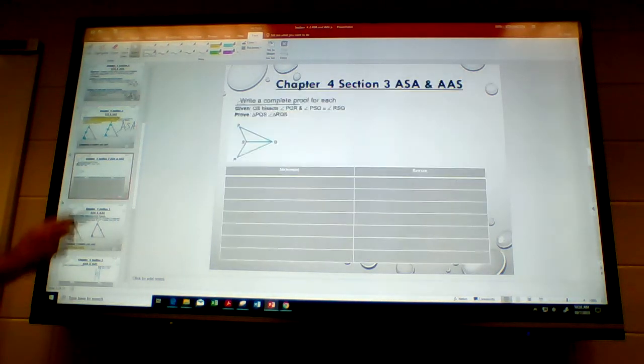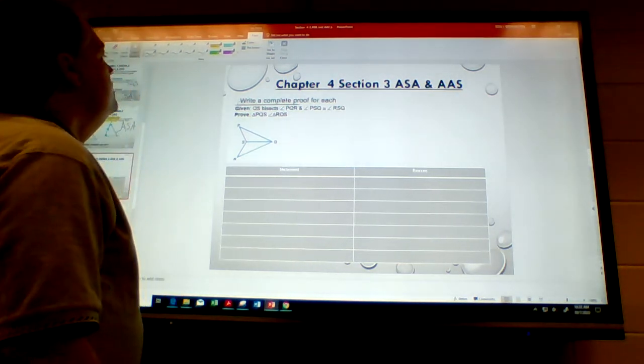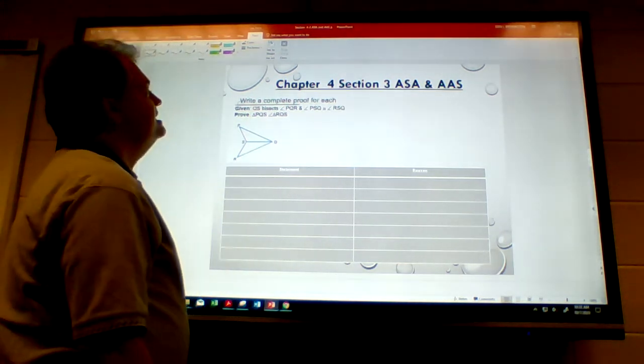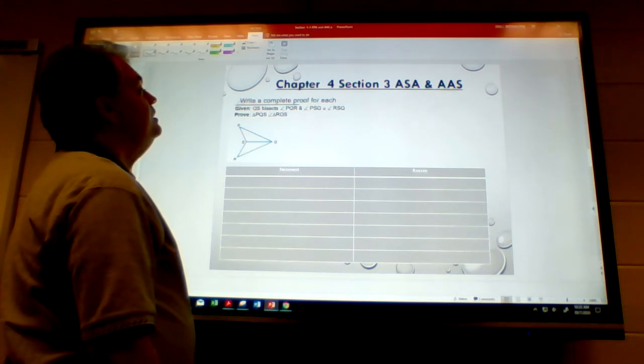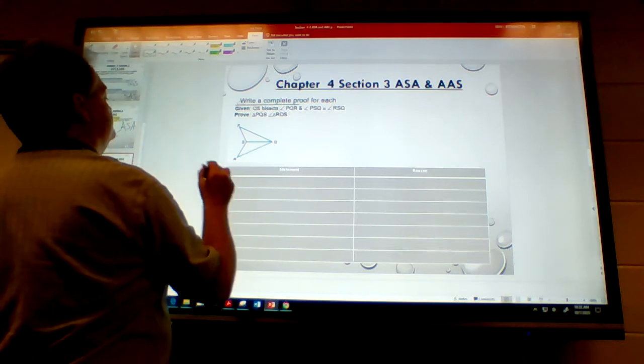All right. Now, let's talk about proving. It says that QS bisects angle PQR and angle PSQ is congruent to angle RSQ. So I'm going to write that there.